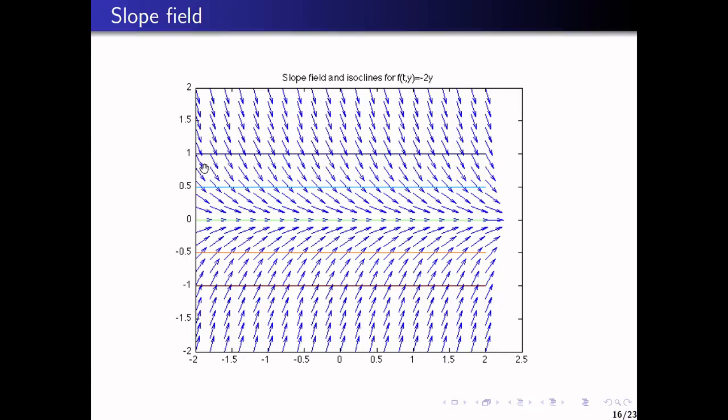So when y is equal to 1.5, here the slope is -3. So at all the points along this horizontal line, the slope is -3. So we put short lines, short arrows all along this, wherever y is equal to 1.5.